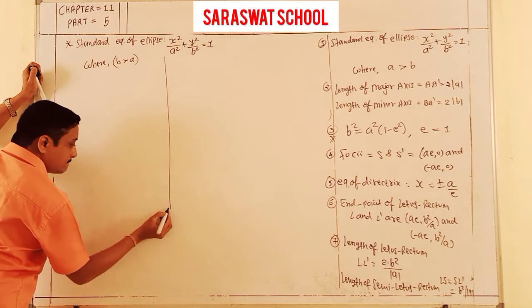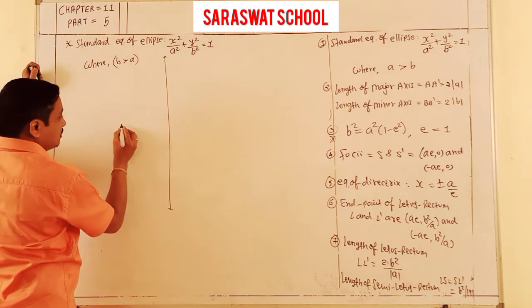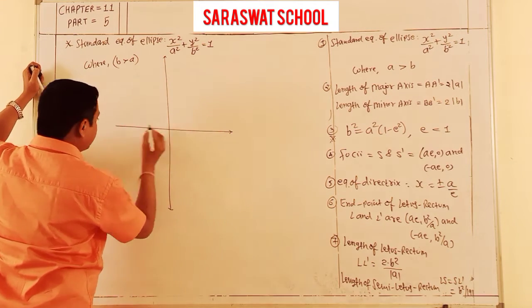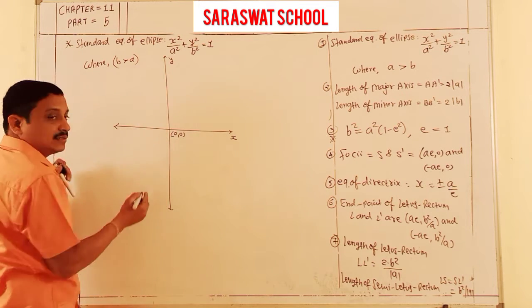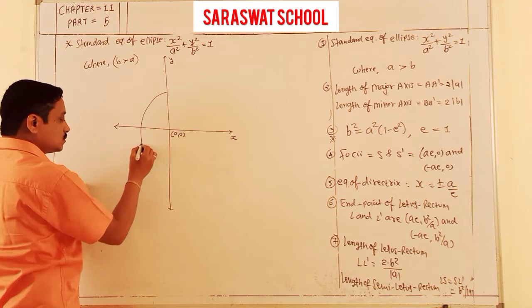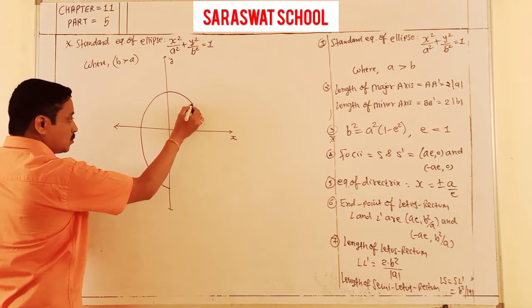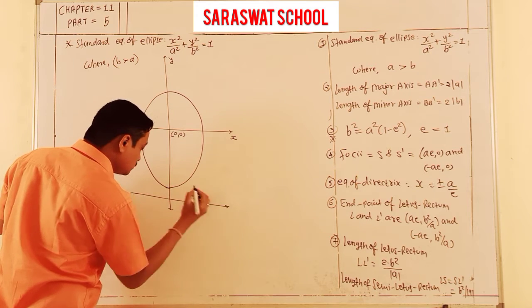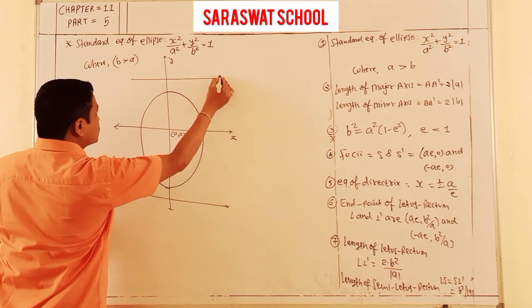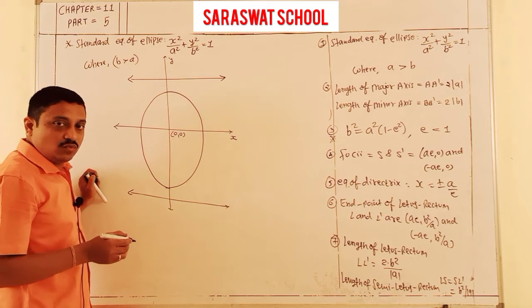Our drawing, plotting on the y-axis. Measure x, draw the minor. This is the x-axis, center, y-axis, and here your ellipse. And that's the directrix. Same directrix on the two sides, one at y positive, one at y negative.